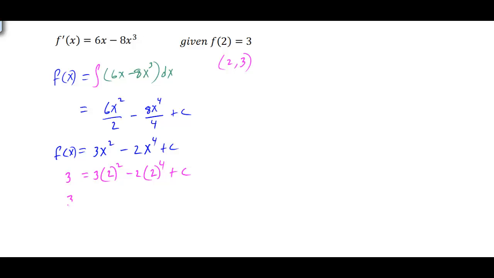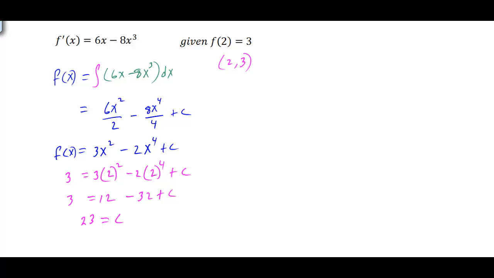And if we solve now for c, we get 2 squared is 4 times 3 is 12 minus 2 to the 4th is 16 times 2 is 32. And then of course if we solve for c, 12 minus 32, and then we can add that over to 3 and we get 23.